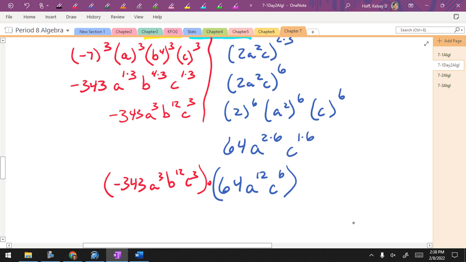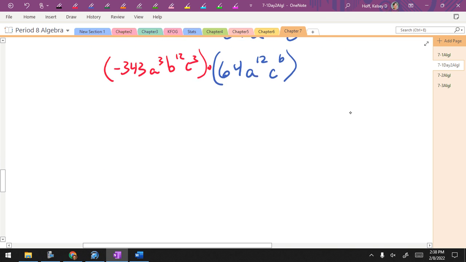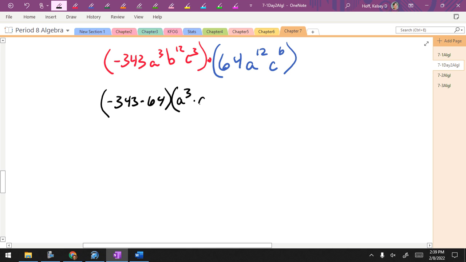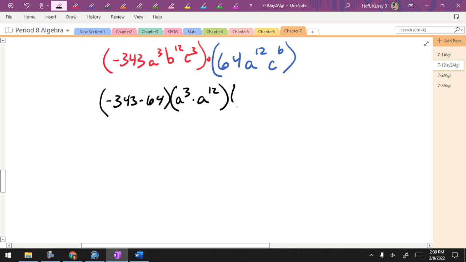Okay, so everything up above that I'm covering now was today's. Now we got to jump back to yesterday's. Regroup things that go together. What are the first 2 things that you should regroup together? Negative 343 times 64. Then what are you going to group together? A to the third times A to the 12th.